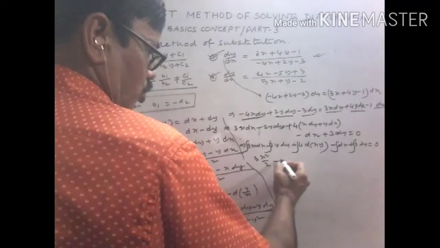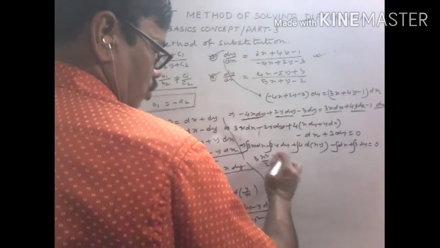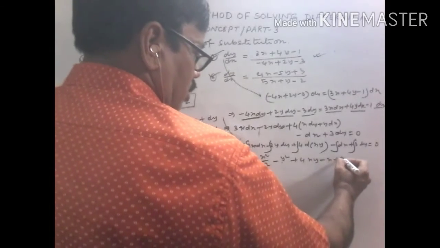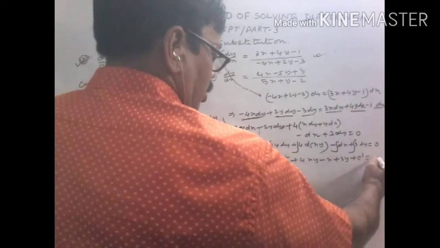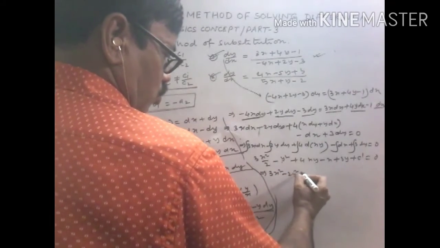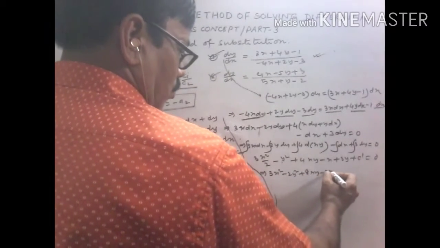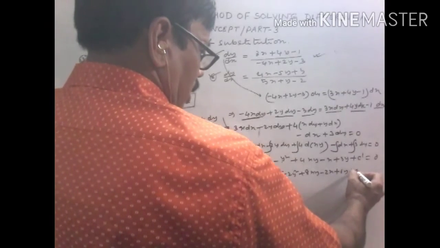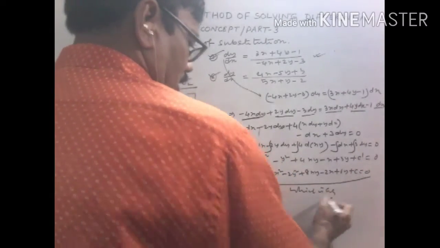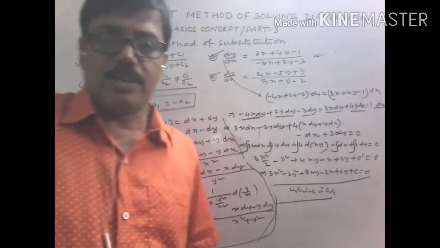You get 3x square by 2, y square by 2 into 2, so y square, 4xy, minus x, 3y plus c dash equals 0. So multiplying, 3x square plus 2y square plus 8xy minus 2x plus 6y plus c equals 0, which is the general solution.